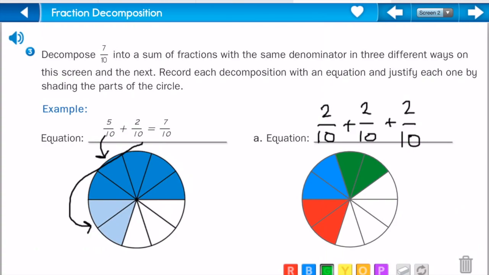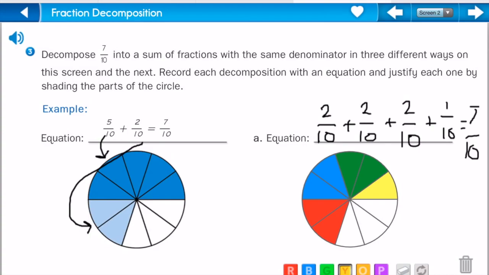But I want it to be 7/10, so I need to show one more. So plus, and I'm going to use yellow to show 1/10. Plus 1/10, and that equals 7/10. Oops, I went off the page a little bit.